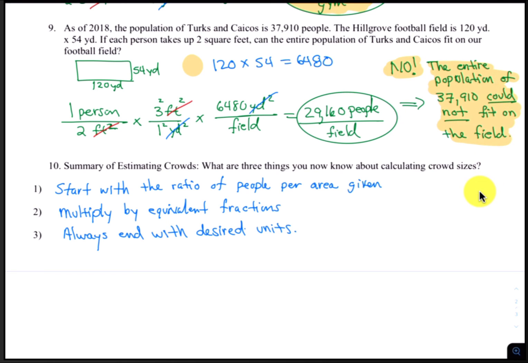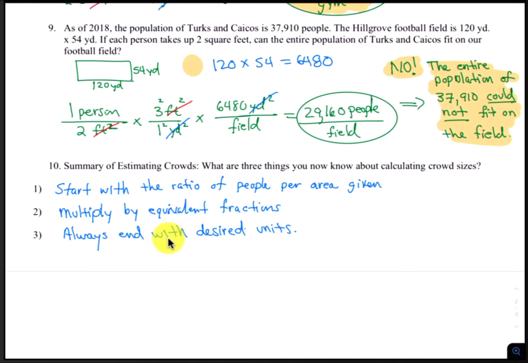And then question number 10, summary of estimating crowds: what are 3 things you now know about calculating crowd sizes? Well, first you have to start with the ratio of people per area that's given. And then you want to multiply by equivalent fractions so that the units will cancel.